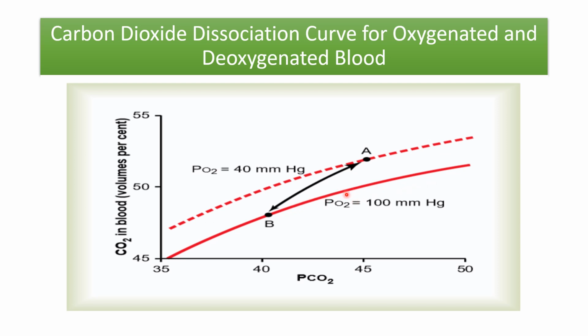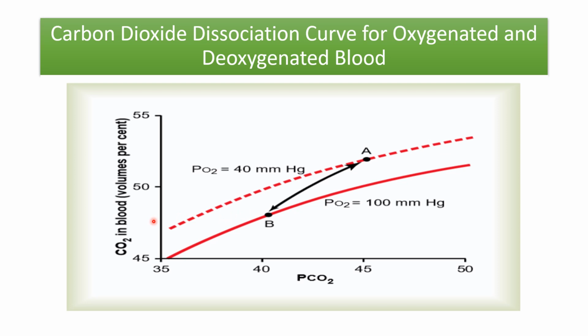In the lungs, when partial pressure of oxygen is 100 mmHg and partial pressure of carbon dioxide is 40 mmHg, what is the volume or amount of carbon dioxide? Yes, only 48 volume percent at point B.